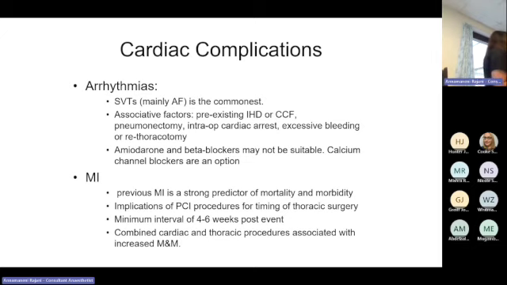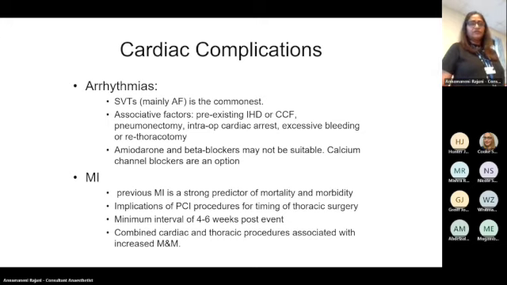week period. If they do have an MI and you need to manage that, if they were suitable for a PCI, you would then use a bare metal stent rather than a drug-eluting stent, and make things complicated for yourself in the post-op period in terms of bleeding and nerve blocks and epidurals and that sort of thing.